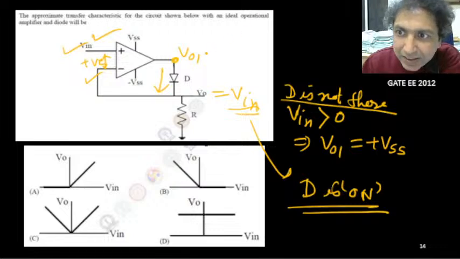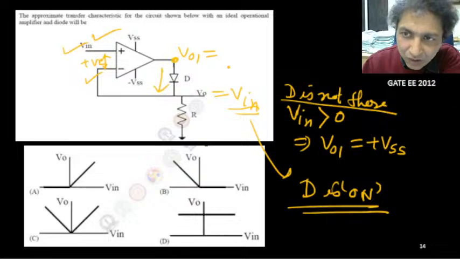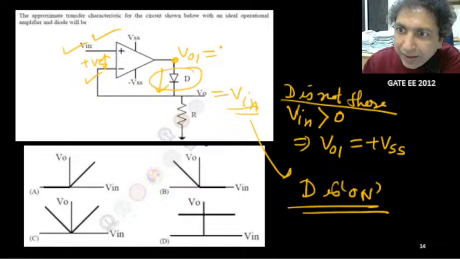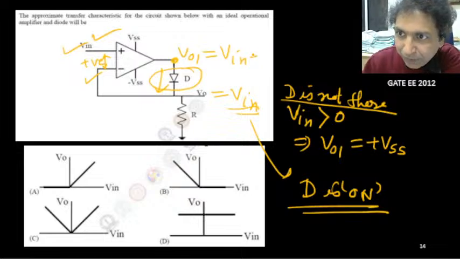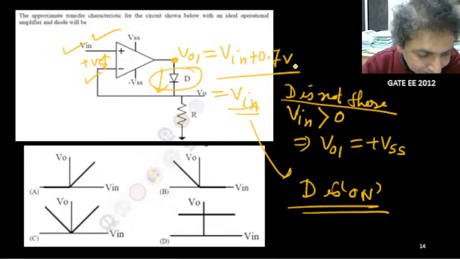So this potential is not VSS because it is not open loop, it is a closed loop. If it is a practical diode, V naught is V in, and at this point it will be V in plus 0.7, right?